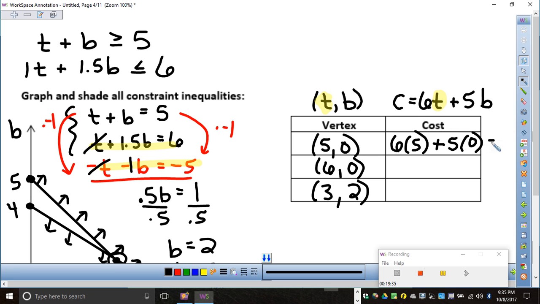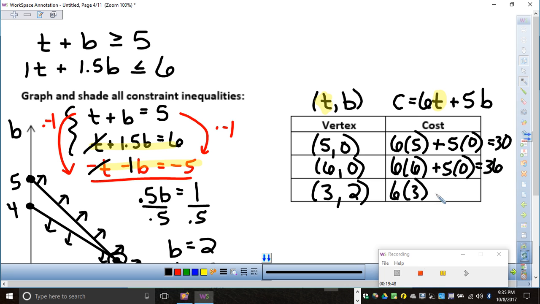It's going to be a cost of $30. 6 train rides, 0 bus rides will be a cost of $36. And then finally 3 train rides, 2 bus rides is going to be a total cost of $28. So that's going to be our minimum cost.